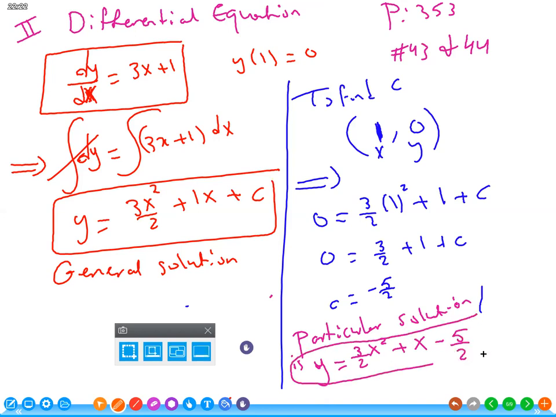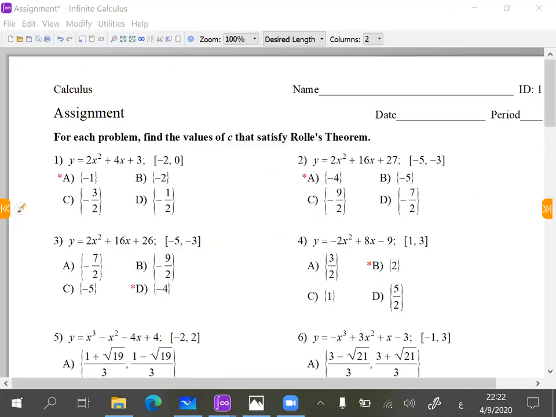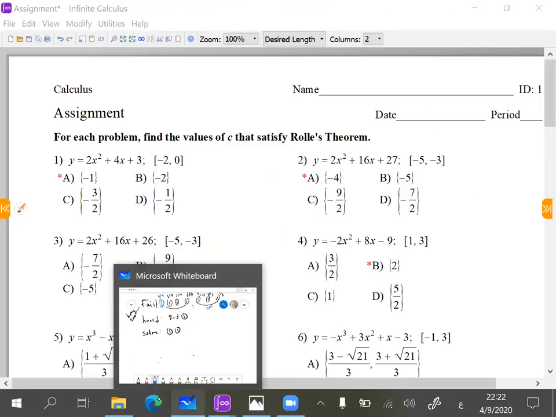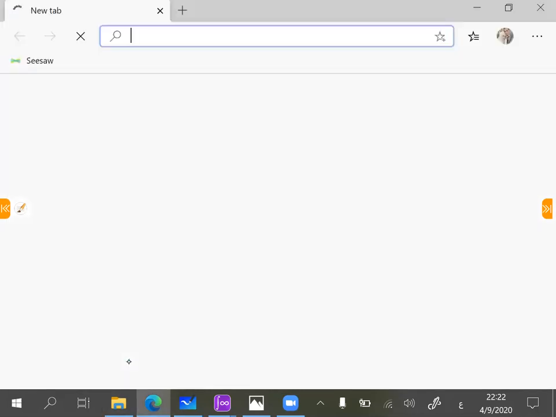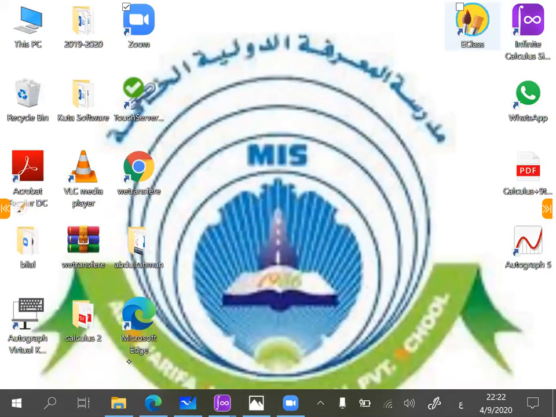This is called the particular solution. And you have in your textbook problems 43, 44. Please do it all. If you want to take more practice from your textbook or from the Khan Academy, we will try to do it now.